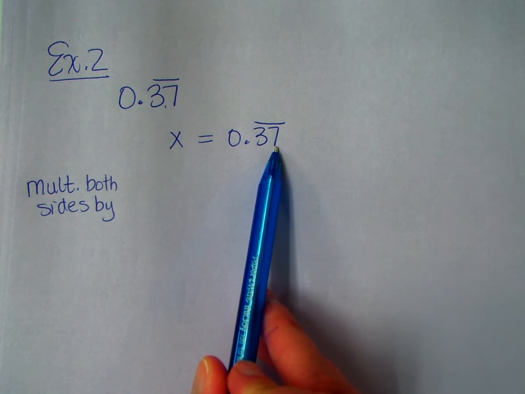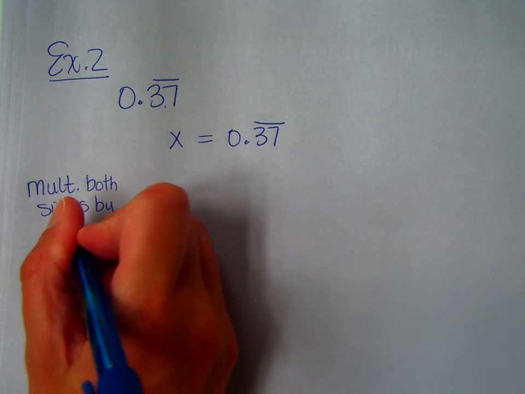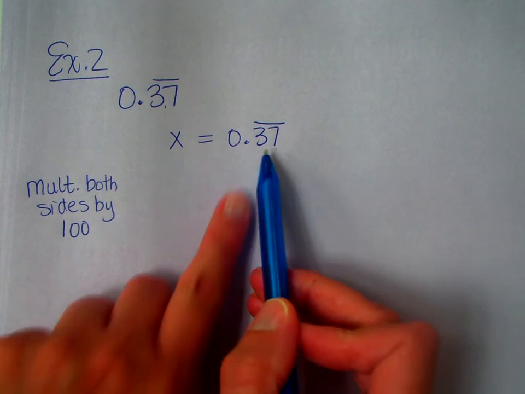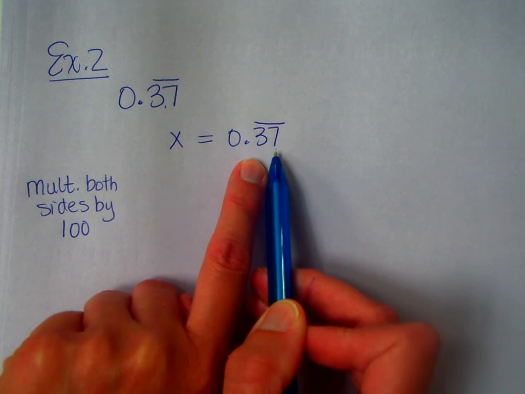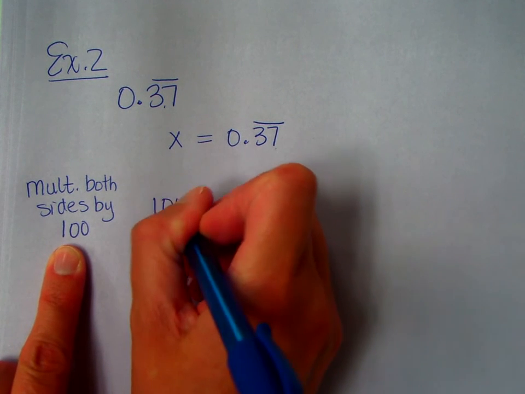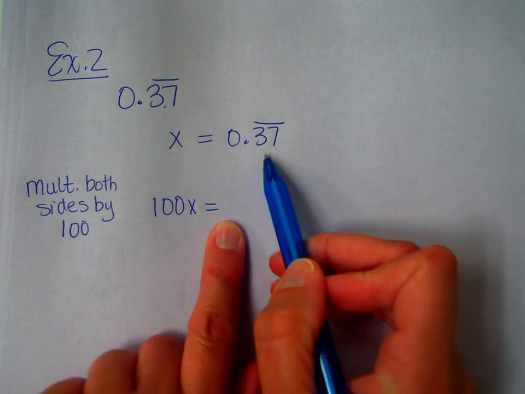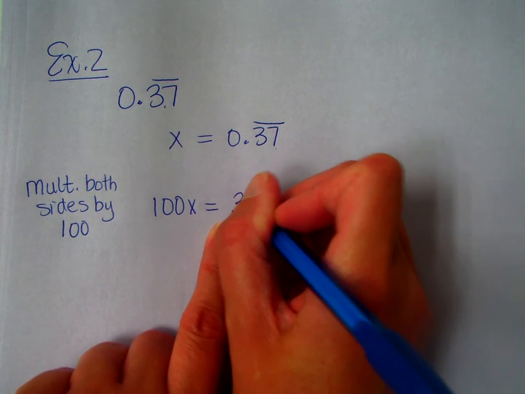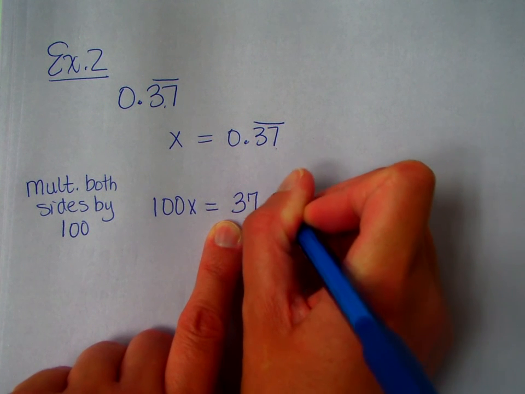So we're going to multiply both sides by 100 this time. That also happens because we have the 2 digits that are repeating, okay? All right, so if I multiply both sides by 100, we'll have 100x. And now it would become 37.37 repeating.